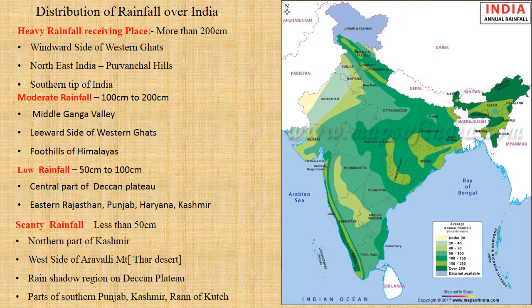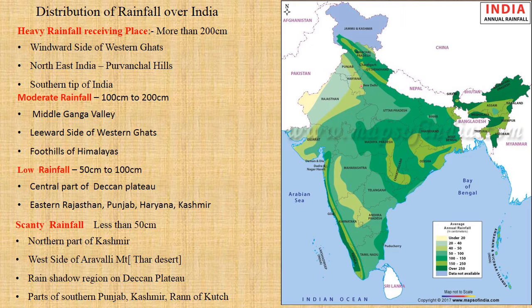We can see that color on the western side, southwest side, windward side of the Western Ghats, and we can see the same color on the Garo, Khasi, Jaintia Hills in Meghalaya and Arunachal Pradesh. Look at the examples given: the windward side of the Western Ghats, northeast India, that is the Purvanchal Hills, and the southern tip of India receive heavy rainfall.